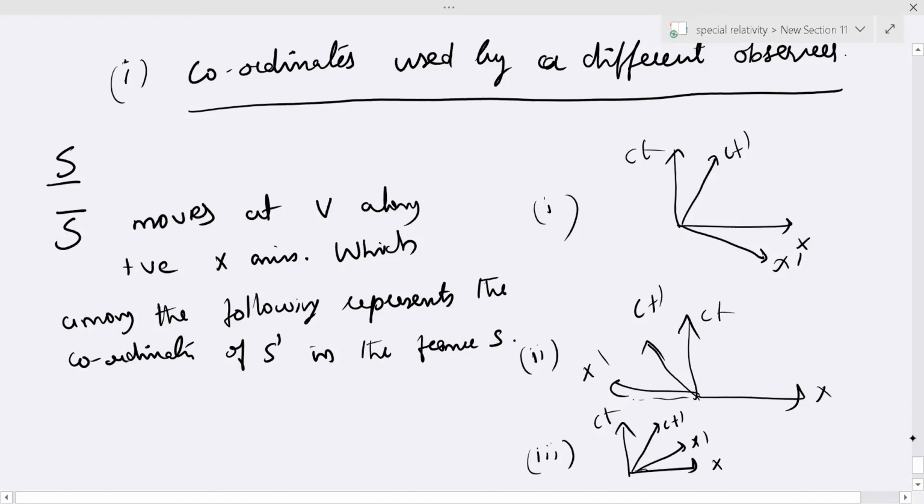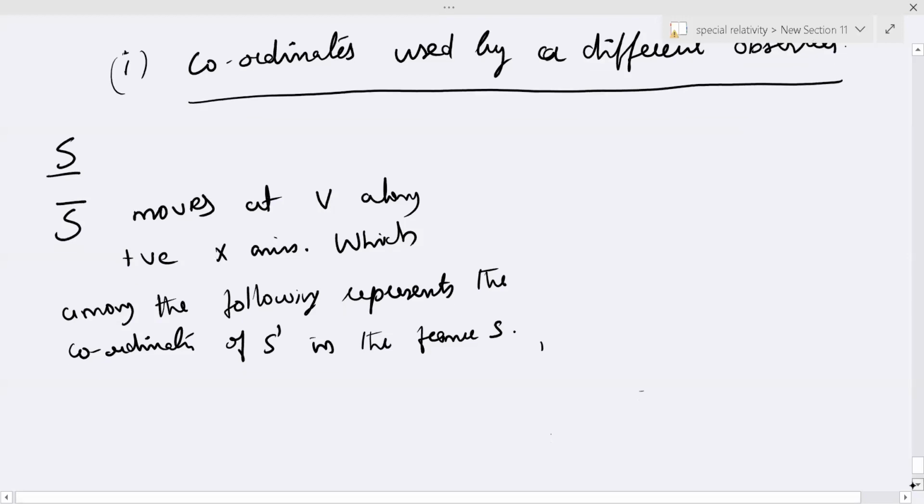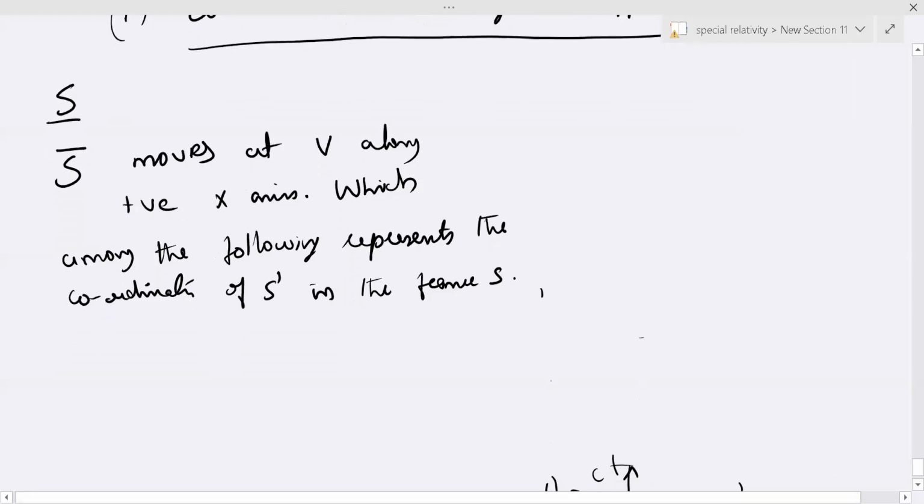This is the question. I'll draw it more clearly. I think this was asked maybe for GATE. I'm not sure if it's for NET, but such questions can be asked. Now I'll give you the options.